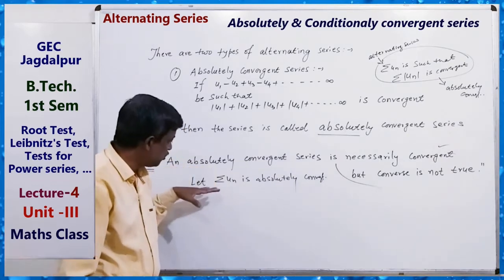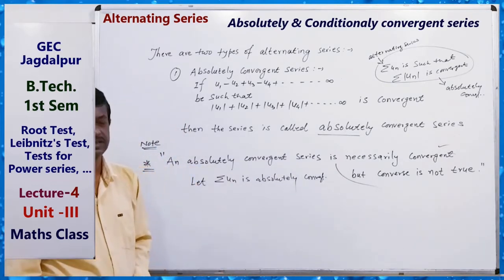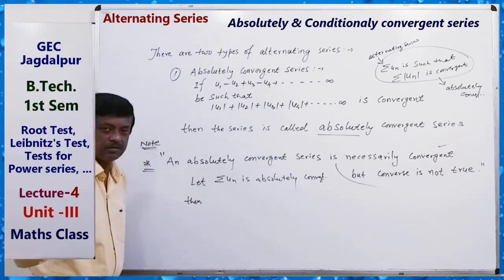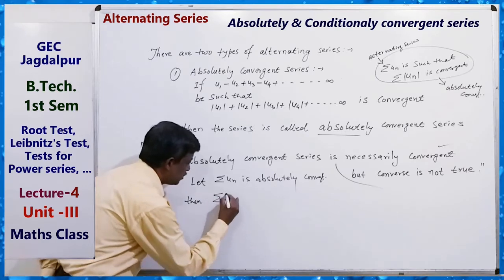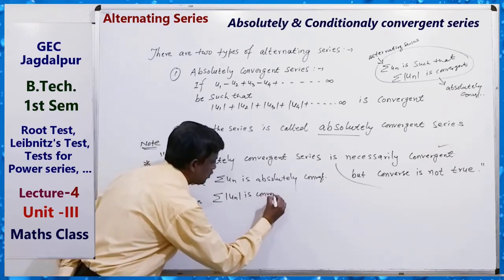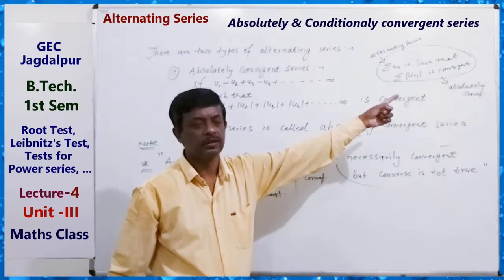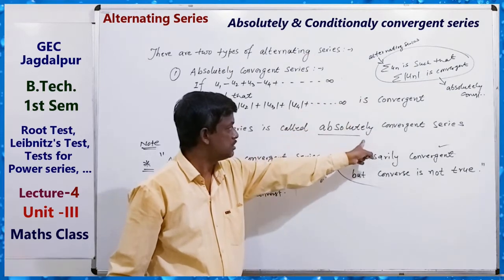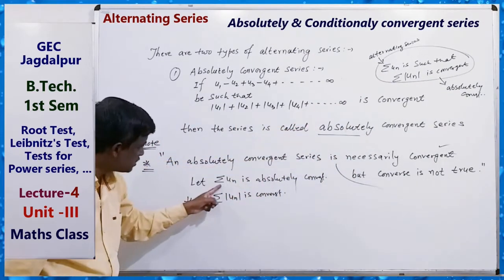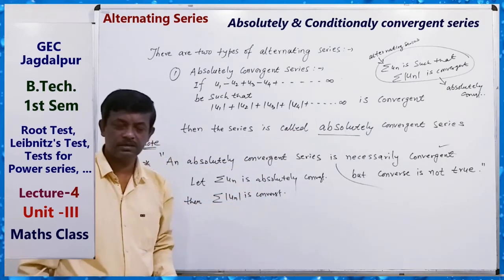If we suppose this is absolutely convergent, then we can show that it is convergent. According to the definition of absolutely convergent series, the series of mod un is convergent. If this is absolutely convergent, then this is convergent.